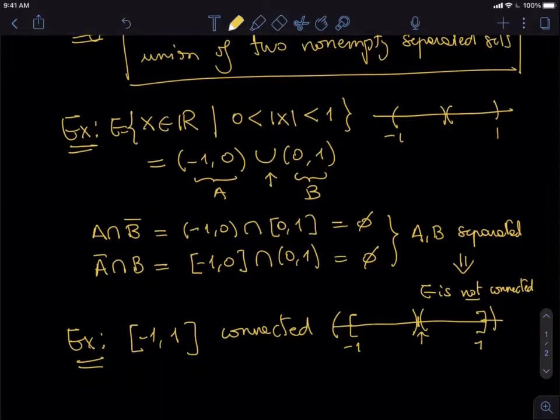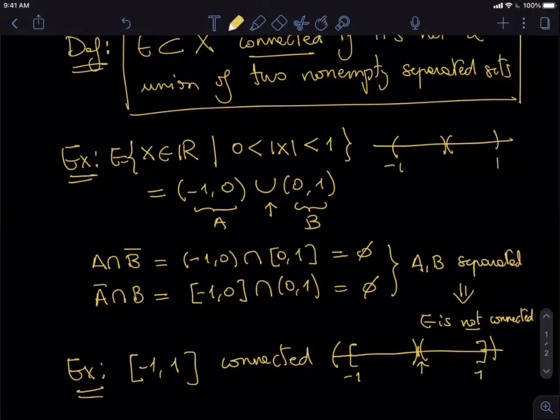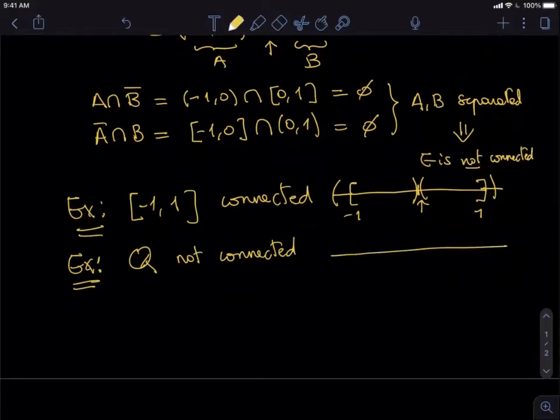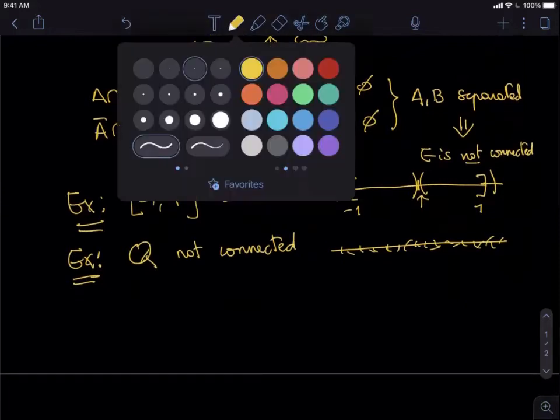We will show that all intervals in the real line are connected. More examples. We could consider the rational numbers. The rational numbers are not connected as a set in the real line. Why is that so? Well, we can always pick an irrational number.